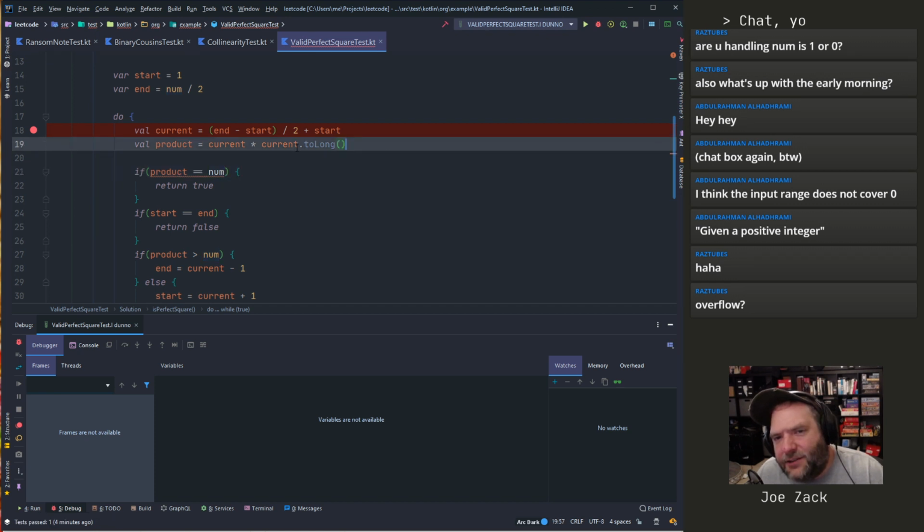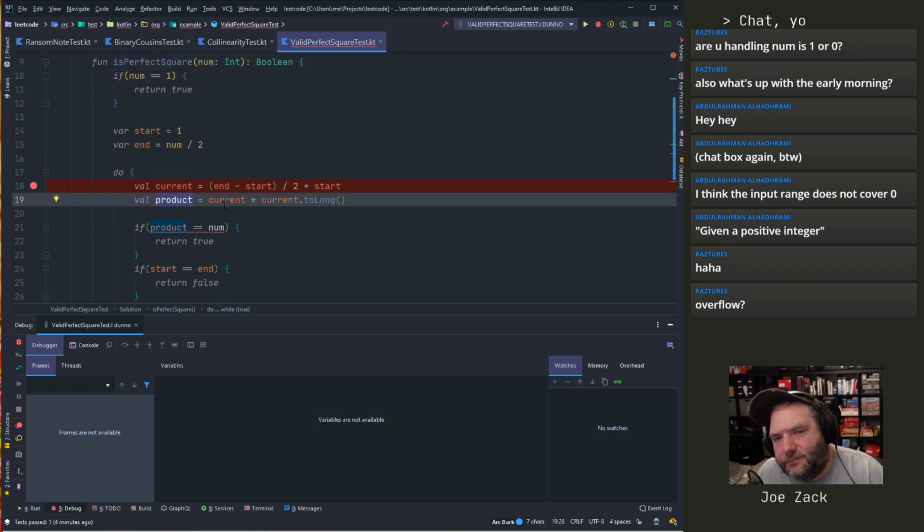I mean, another way to check this would be to see if this number is negative. If it's negative, we know we overflowed and we know that it's not the right answer. So I think I like that better than casting to long.